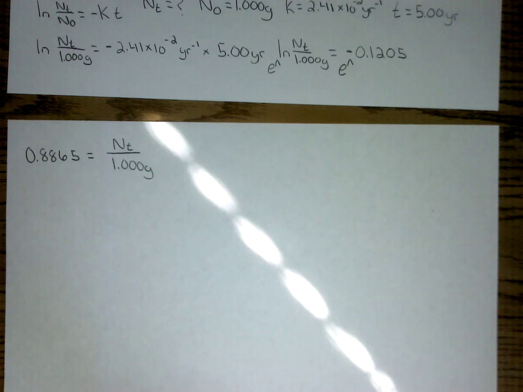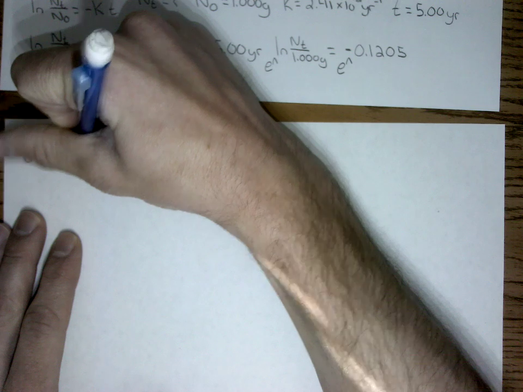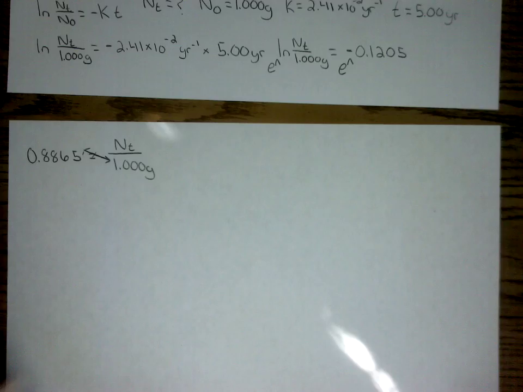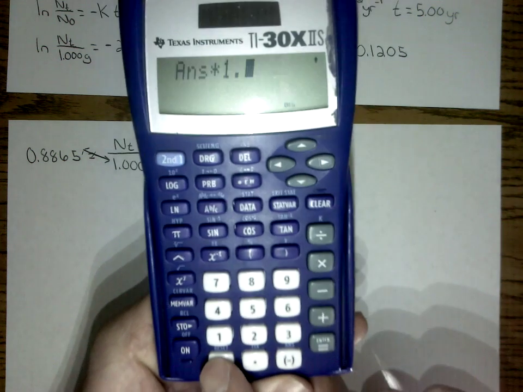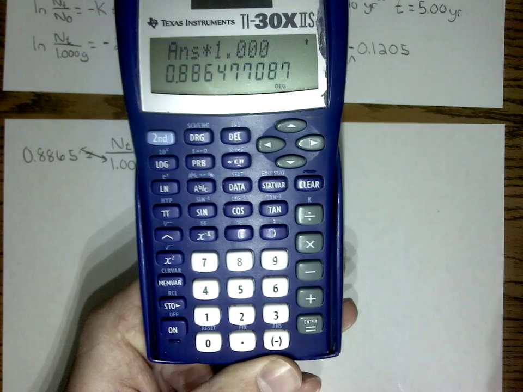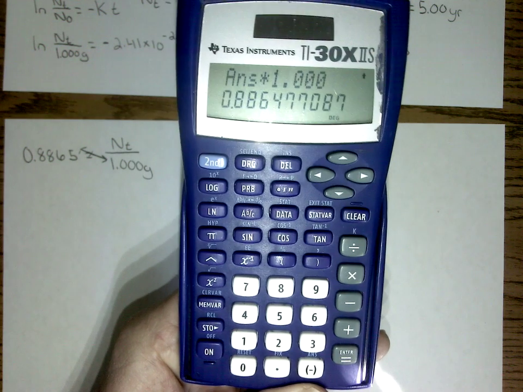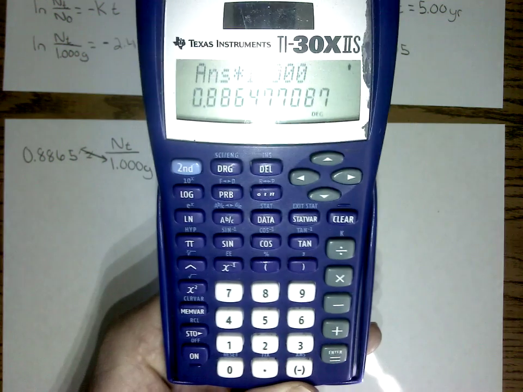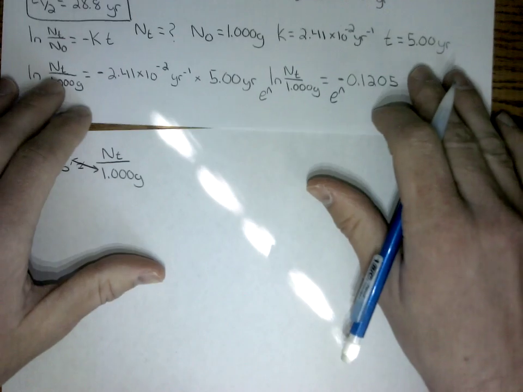Now, from here, this becomes really easy, all right? So all we need to do is cross multiply. And this is really nice because we're just going to take that value that we got, 0.8865, and multiply it by 1.00, which, again, you don't need to put in the calculator, but we'll do it for grins and giggles. Now, I'm going to round this to 3 significant digits, because that is what we utilize for our years. And so this would round to 0.886 grams.